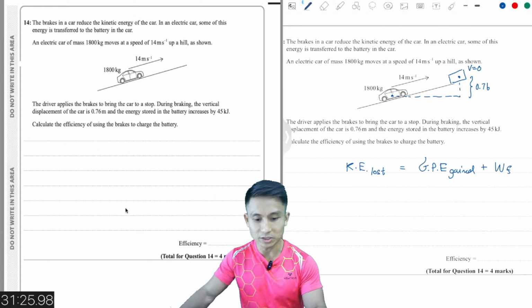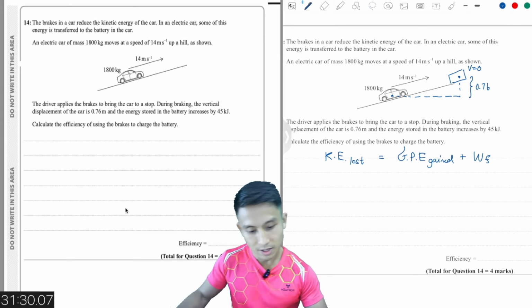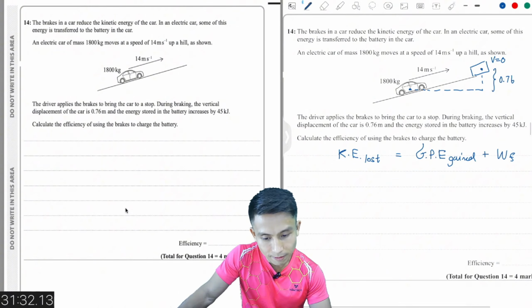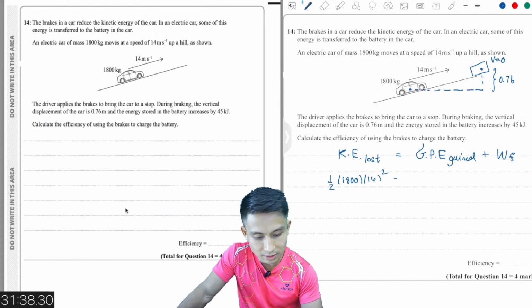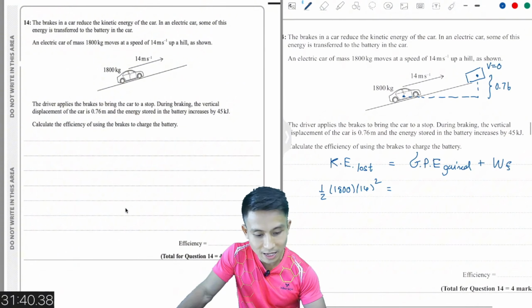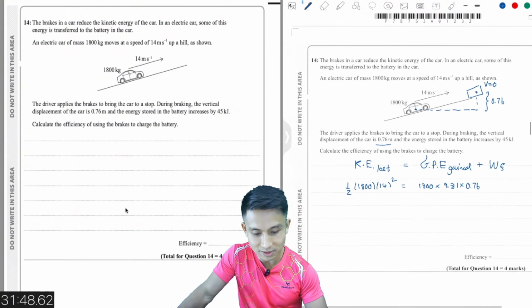That's the typical equation there if you're going up, right? Just gonna put here, this would be 1/2 times m times v squared equals GPE gain. So that would be m times g times h, which is the vertical displacement there, 0.76.